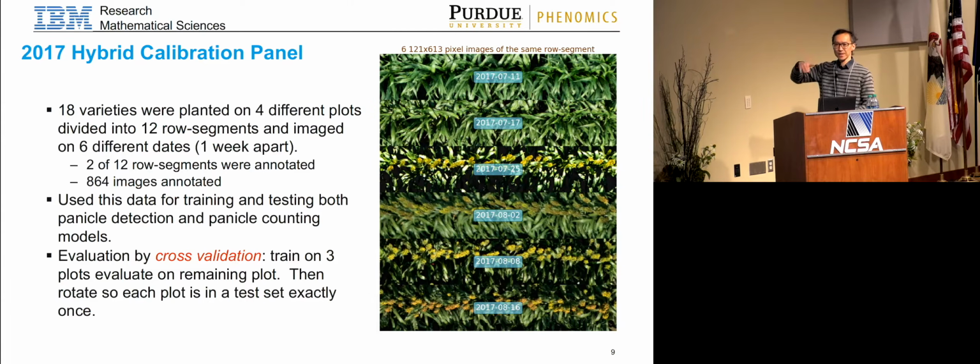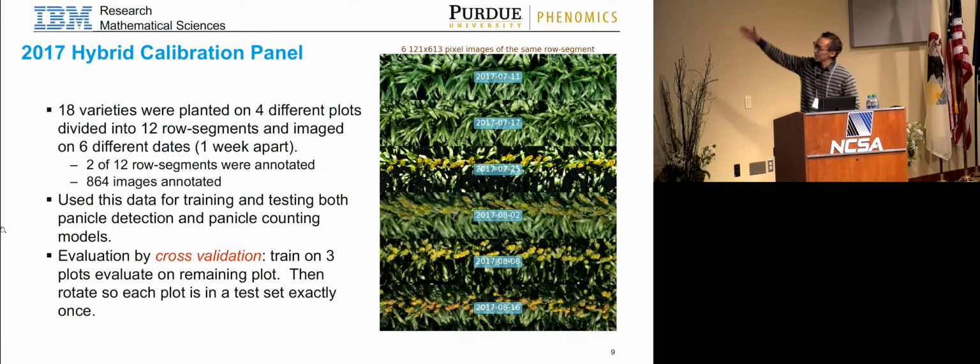So the important thing is that there's a time series of image data to use for your estimation. 2 out of 12 row segments in each were annotated, altogether comprising 864 images that were annotated. And we used part of this for training and testing in a cross-validation manner.